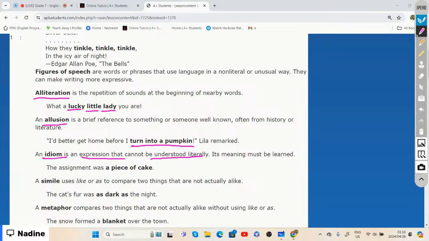When it comes to an idiom, the meaning needs to be learned, because we cannot directly translate what an idiom means. It's an expression that you cannot directly translate, because it does not mean directly what it basically says.